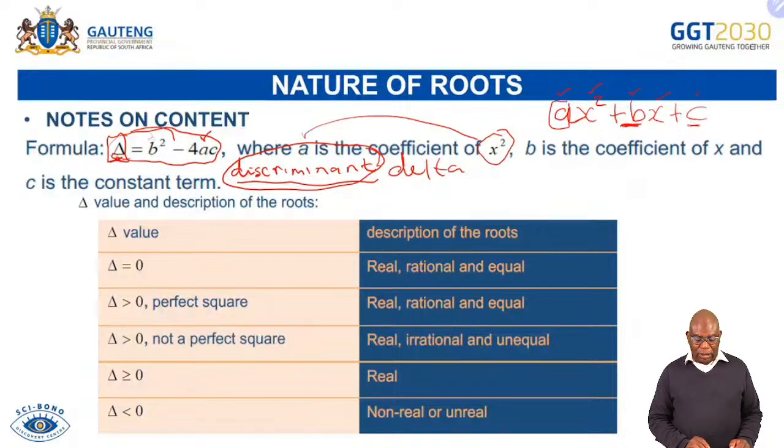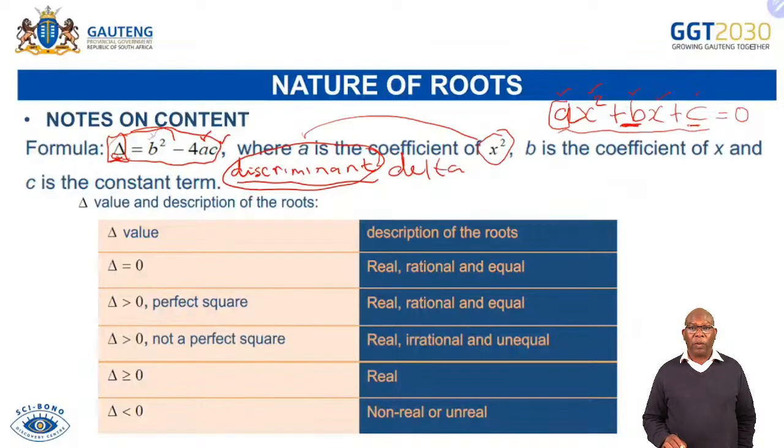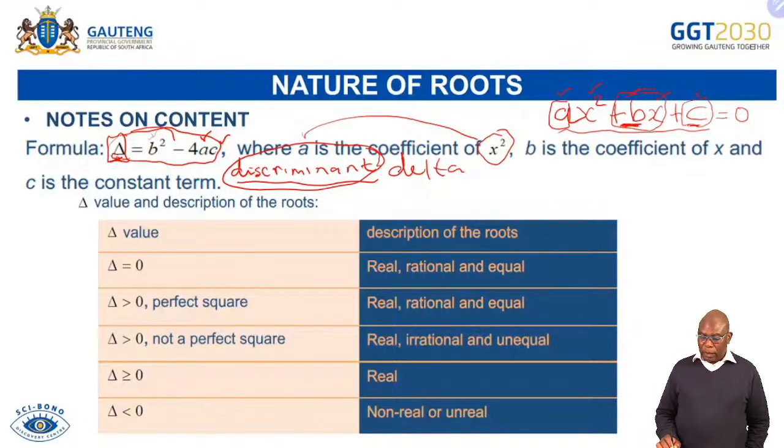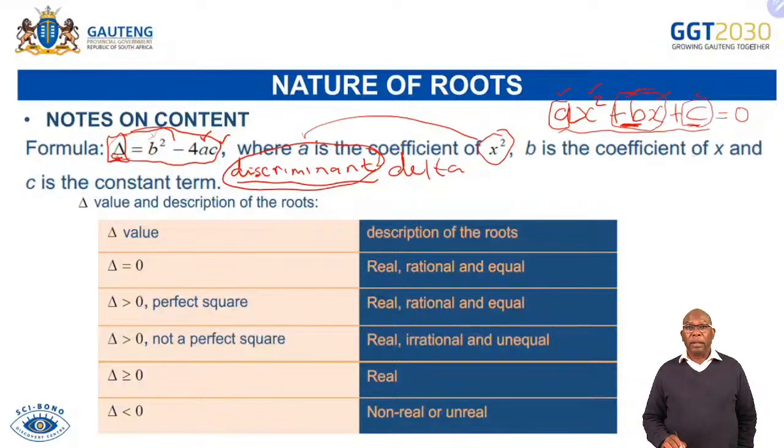Can you see there's an a, there's a b, there's a c. So the nature of the roots will only work when we have a quadratic equation. So in this quadratic expression, I'm going to write this equals 0 to make it an equation. If this part is not there, it means that the b value will be 0. If that part is not there, it means that the c value will be 0. But we are going to work where we have an x squared. The x squared must be there.